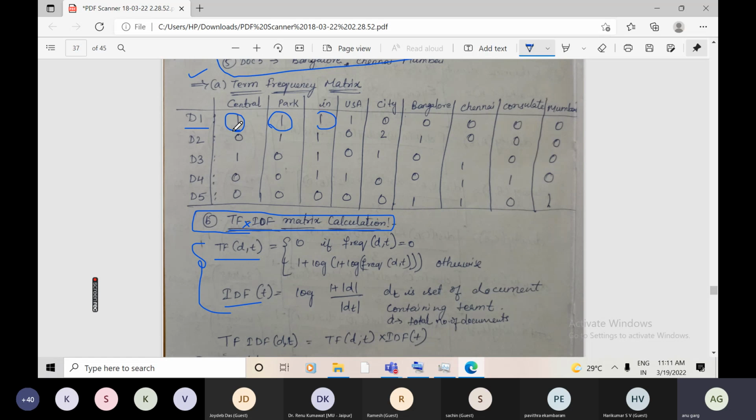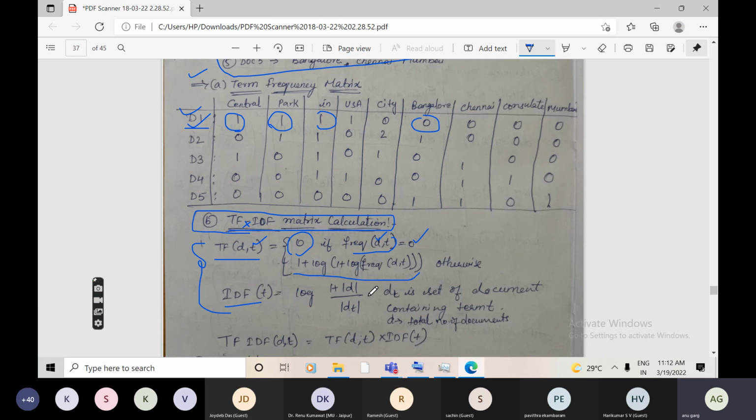For any particular document and any particular term, TF will be 0 if the frequency of that term in that document d is 0. So if I try to find the TF of Bangalore in document d, it is 0, so that's why TF will be 0. In case it is not 0, then the formula is this.